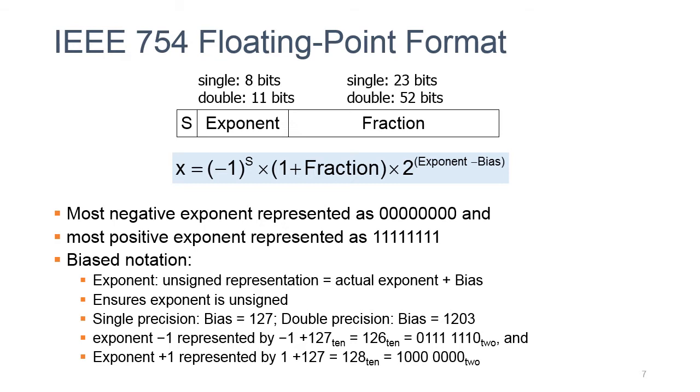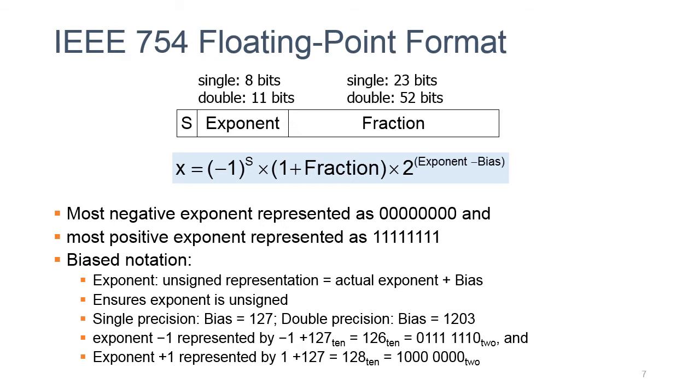So this is the table of sign, exponent and fraction which we use for converting floating point numbers into IEEE 754 floating point format.